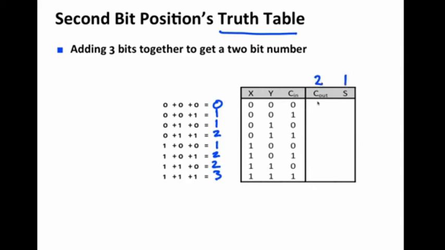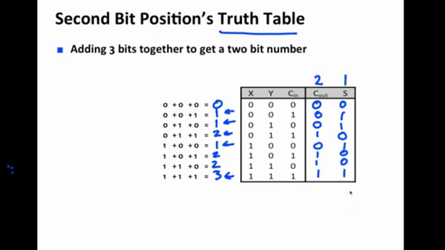To represent 0, I set both carry out and sum to be 0. To represent 1, I set sum to 1 and carry out to 0. To represent 2, I can set the carry out to 1 and the sum to 0. And to represent 3, I need to set both the carry out and the sum bit to 1.